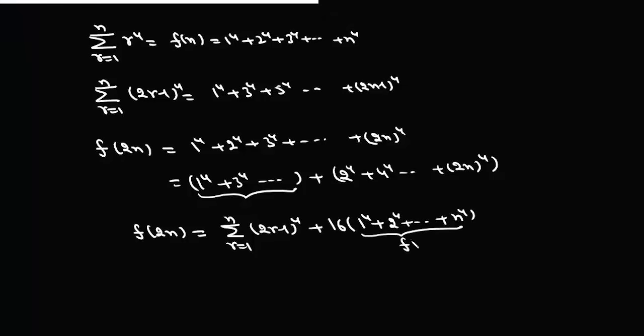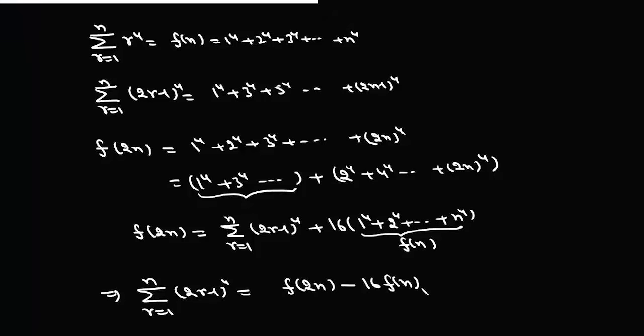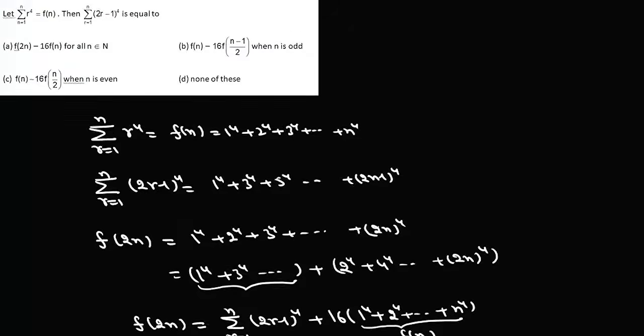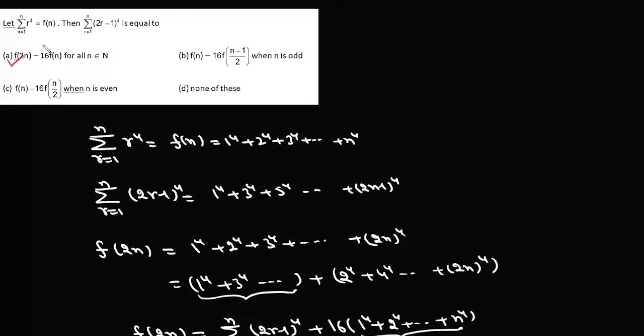So this is fn. So from here we can say this summation r varies from 1 to n 2r minus 1 to the power 4 will be equal to f2n minus 16 fn for all n. So the correct option is this option A.